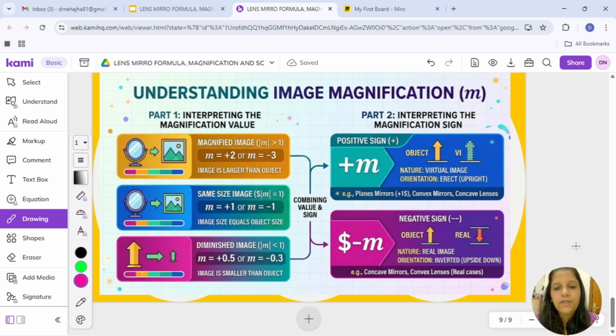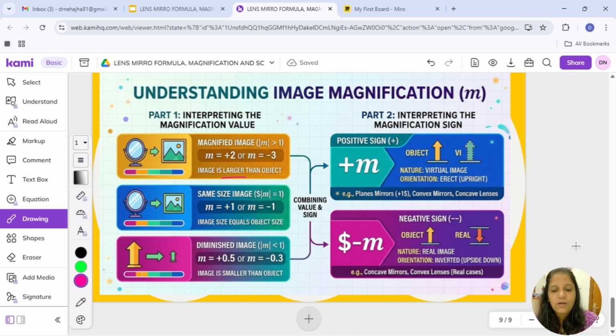Now, how to interpret the magnification value? If m is equal to +2 or m is equal to -3, the image is larger than the object. If m is equal to +1 or m is equal to -1, the plus and minus just show whether the image is forming above or below the principal axis, but the numerical value shows how much the size of the image has increased with respect to the size of the object.